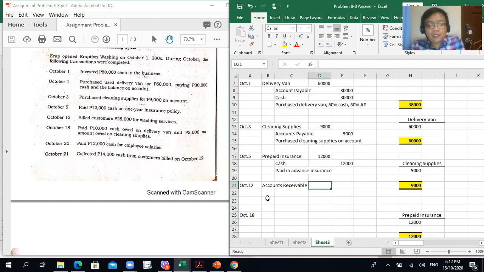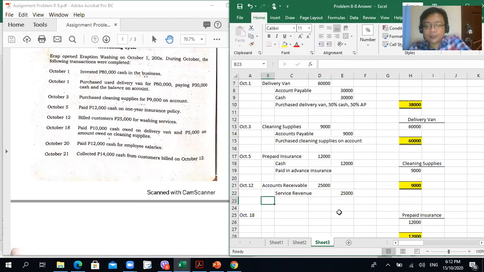Alright. So accounts receivable is part of an asset. How much? You have 25,000 here. How about your credit? Meaning for washing services, so you have service revenue, right? Because it already happened, you already did the laundry. It is worth 25,000.